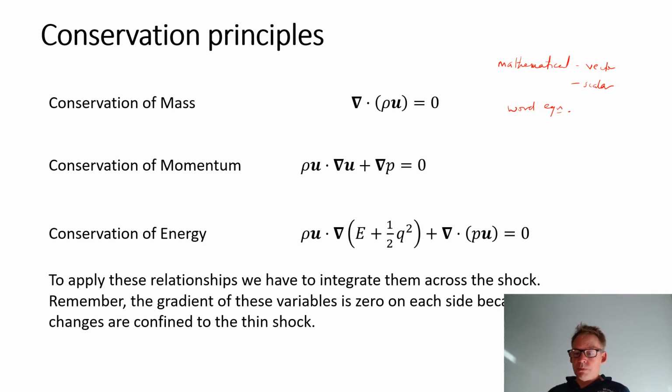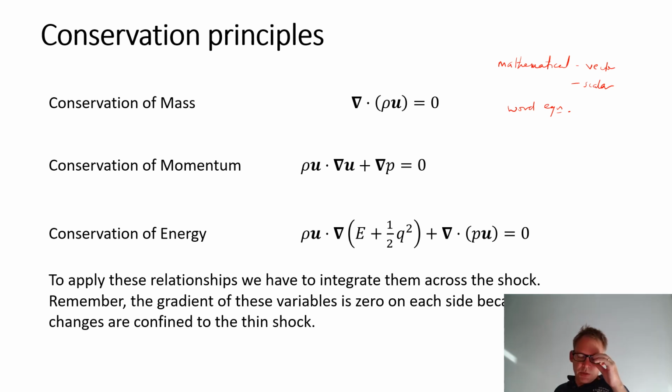Conservation of momentum for steady flows means that the force on the parcel of fluid is determined by gradients of pressure. Conservation of energy essentially says the change in the sum of the internal energy plus the kinetic energy is determined by the work done by pressure on the flow itself, div pu minus div pu.